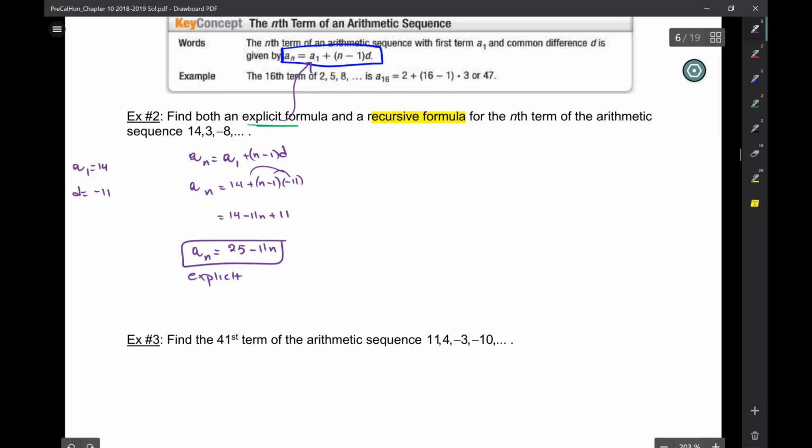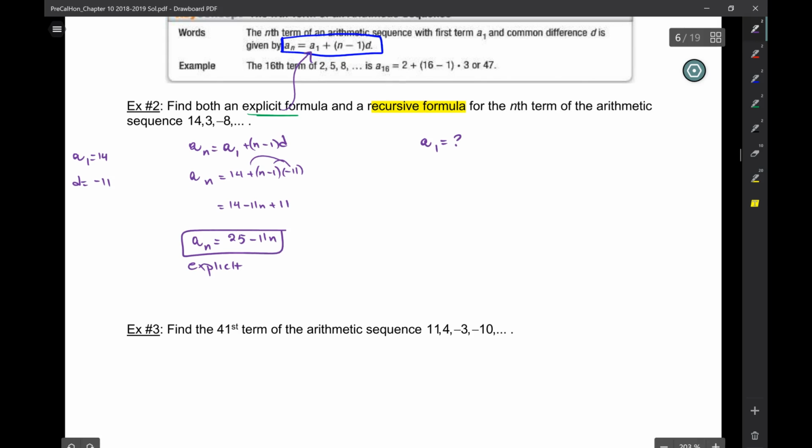Okay. So for this one, this is what it needs to look like. You have to say what is A1. And then each term, how do you get each term? You get the term that came right before it, and what do you add to that? D. So this is the general form. Okay? All right. So what's A1 here? 14.